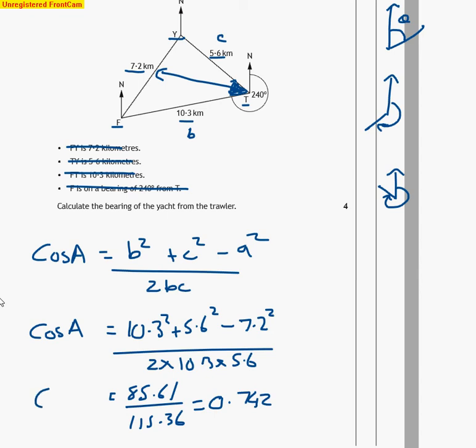So cos A is equal to 0.742. I do shift cos, the inverse of cos, and again, make sure your calculator is in degrees. That's going to give me 42.1 degrees.